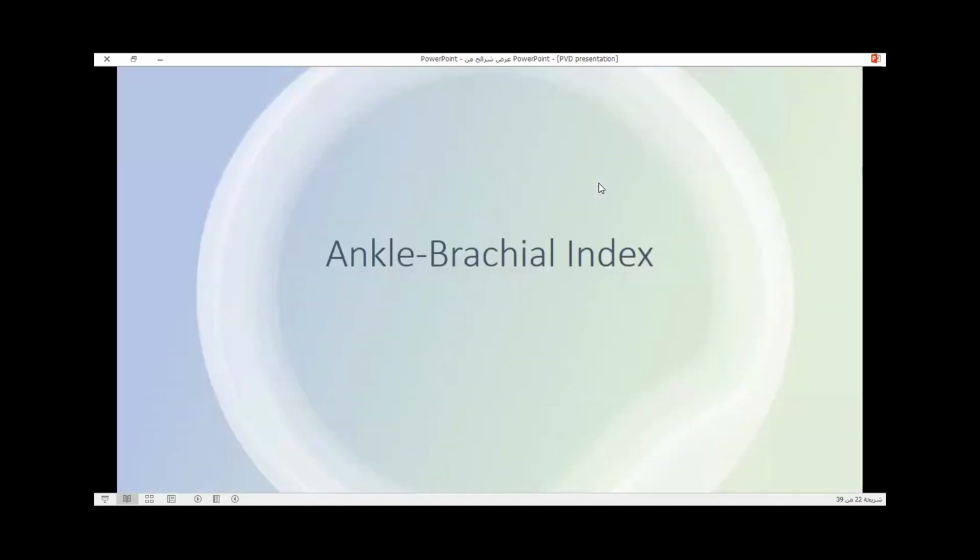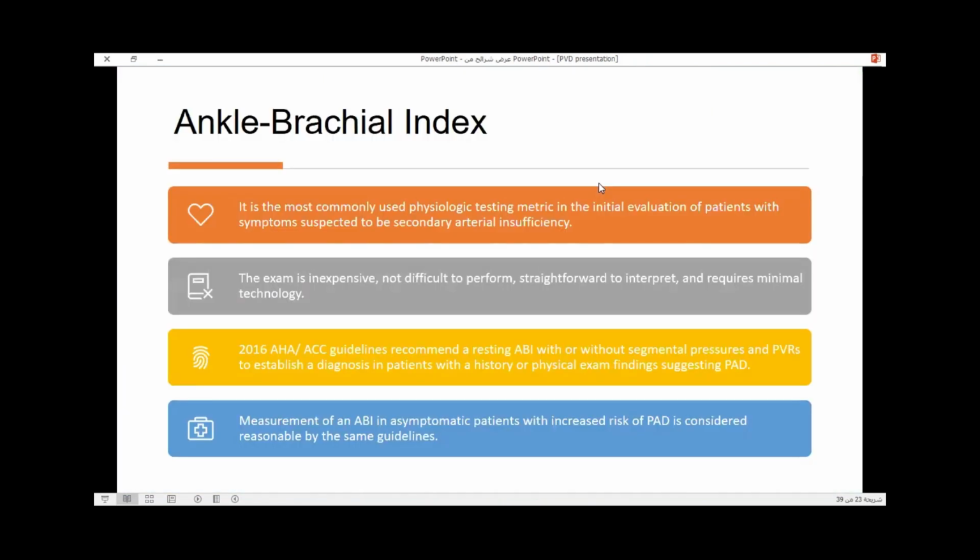So regarding ABI, ankle brachial index, this tool is very informative, physiological, and easy to do even in the clinic. Usually ABI and pulse volume recording can both be done in the same session, in the clinic itself.